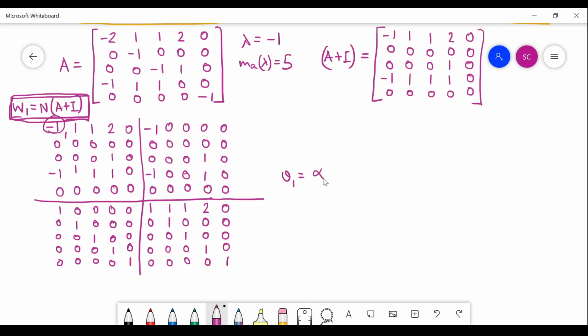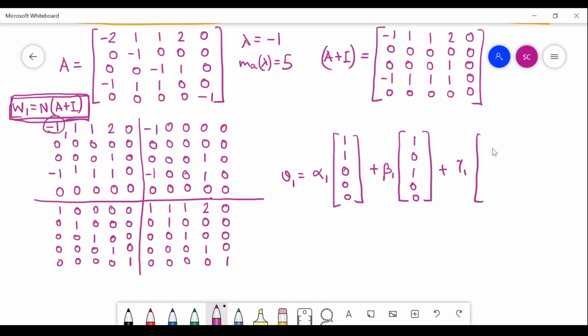V1 we have found out as alpha 1 times 1 1 0 0 0 plus, to be consistent with our nomenclature, beta 1 times 1 0 1 0 0 plus gamma 1 times 0 0 0 0 1, and we designate these as V11, V12 and V13.